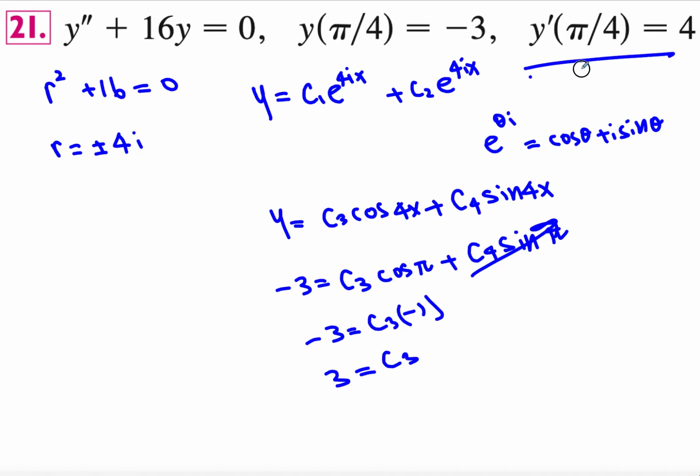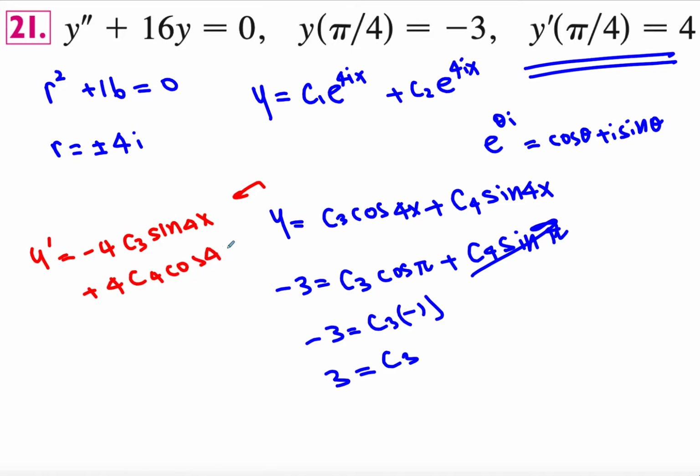Let's look at the next condition. When you take the derivative, we get y prime is equal to negative 4 c sub 3 sine of 4x plus 4 c sub 4 cosine of 4x.